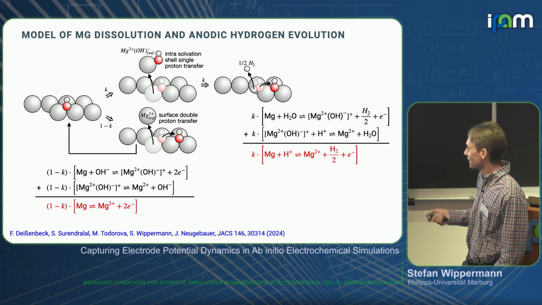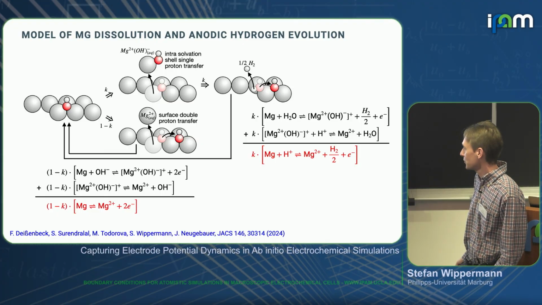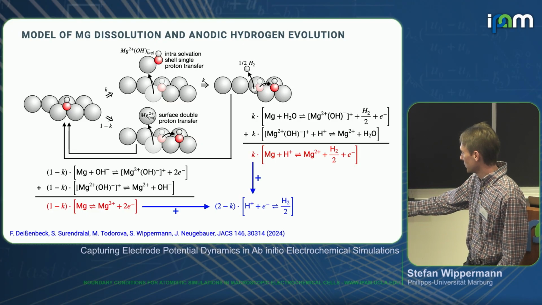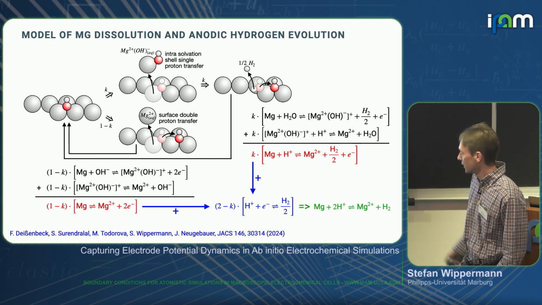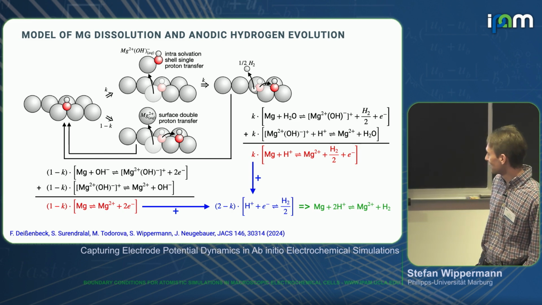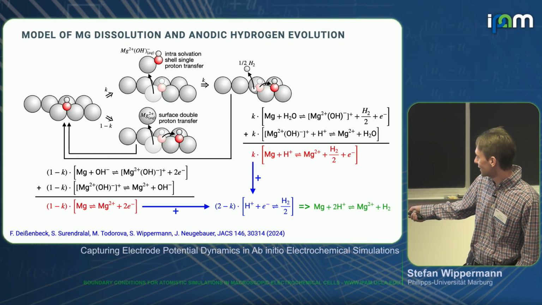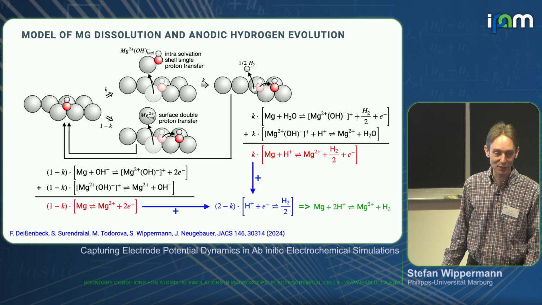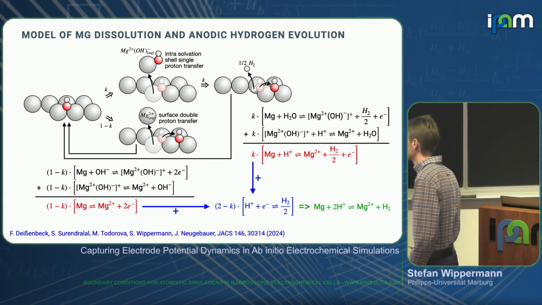What's nice about it is these equations are all observed in ab initio. If you sum them up and you balance them with the cathodic half reaction, you get exactly the well-known balance equation from magnesium dissolution. Just now you know that inside this equation there is actually a second pathway that was unknown, and that you can nicely show with ab initio simulations.